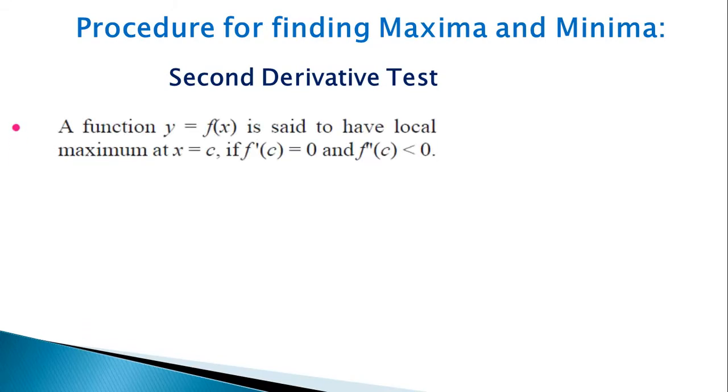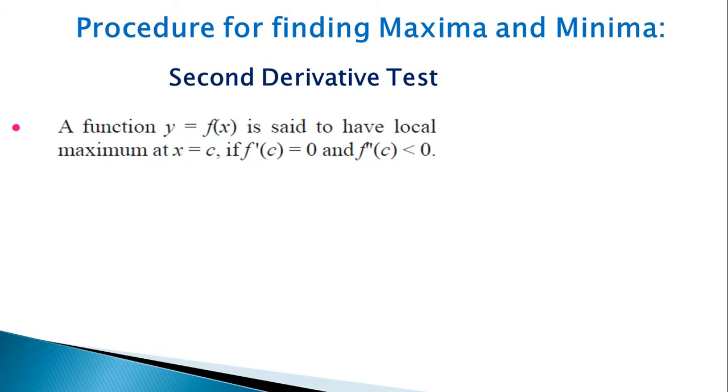See here. A function y is equal to f of x is said to have a local maximum at x is equal to c. Local maximum means for the particular interval, you have the maximum value at point x is equal to c, if f dash of c is equal to 0, means derivative at the point x is equal to c is 0, and f double dash of c is less than 0, means second order derivative at that particular point is less than 0.